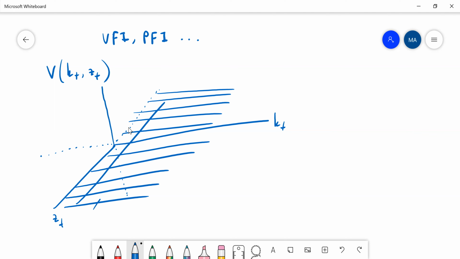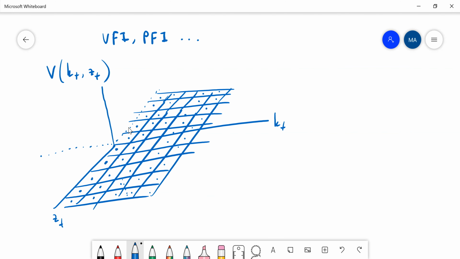There are many points. So for each of these points, there's a particular K and particular Z, right? That goes on like this. Now, if you do it well, there's always the question of how fine it should be.